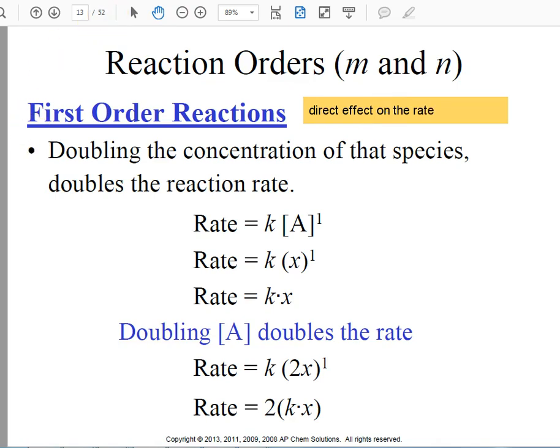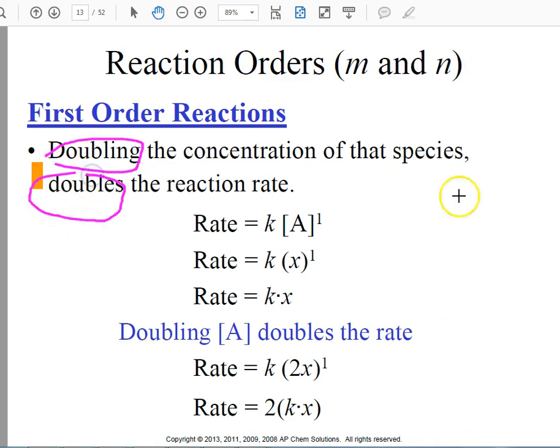Any reactant that is first order will have a direct effect on the rate when you change its concentration. For example, if you double the concentration of that species, it will double the rate of the reaction. So doubling the concentration doubles the rate.